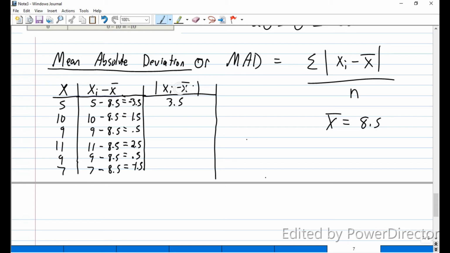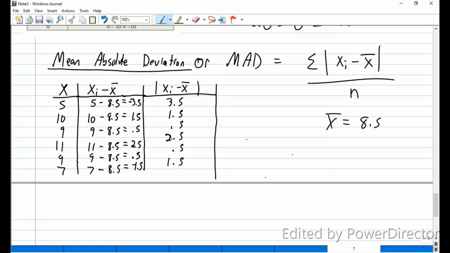I'm making another column now, and I'm finding the absolute value of that. So it's 3.5, 1.5, 0.5, 2.5, 0.5, and positive 1.5. It's absolute value, so it's all positive.